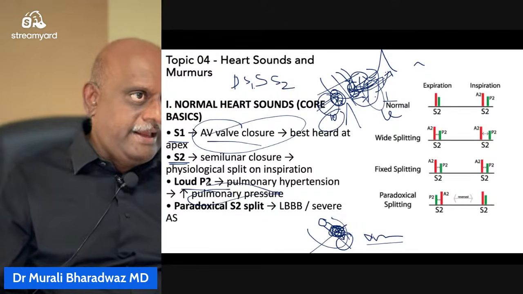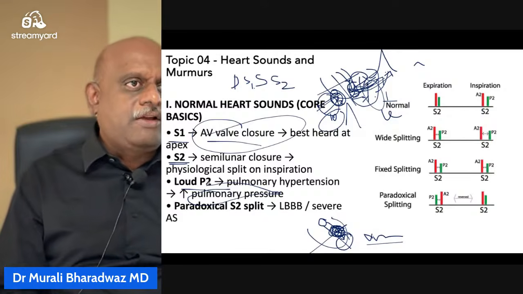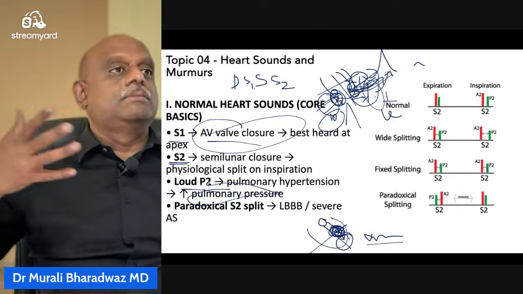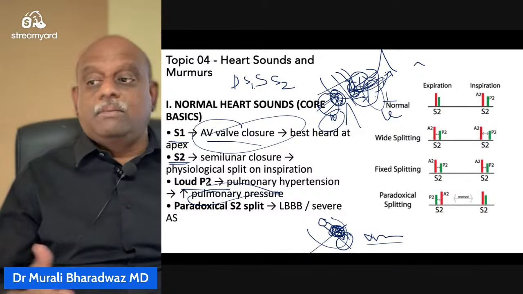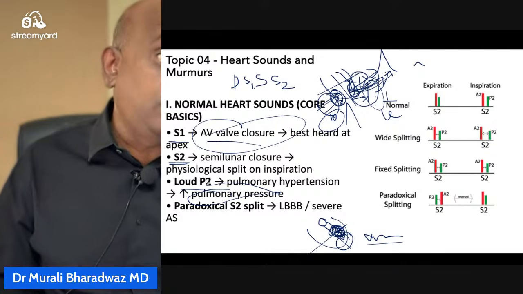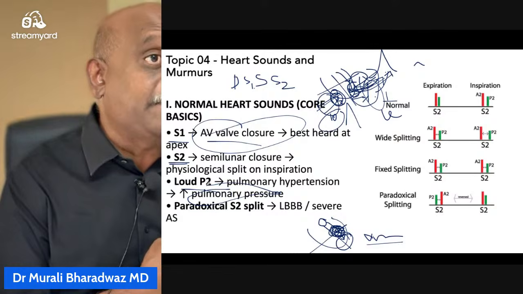Whenever it is high, it will kick the pulmonic valve to close, and P2 becomes loud. It becomes so loud that in the pulmonic area... where is the pulmonic area?